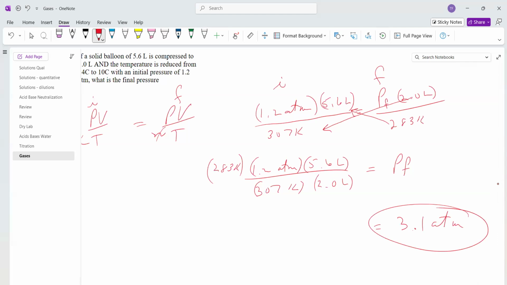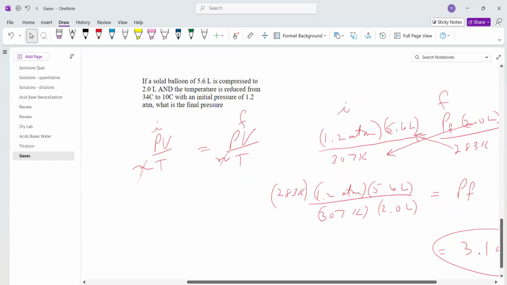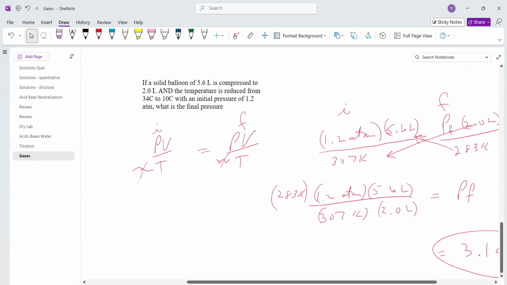So pressure goes from 2 to 3.1. Now you have two things that are kind of counteracting. The temperature is going down, so that means the pressure is going to go down. But also the volume goes down, which makes the pressure go up. So you have two competing things. One makes it go up, the other makes it go down. So there's no way for you to actually guess which it should be as your answer.